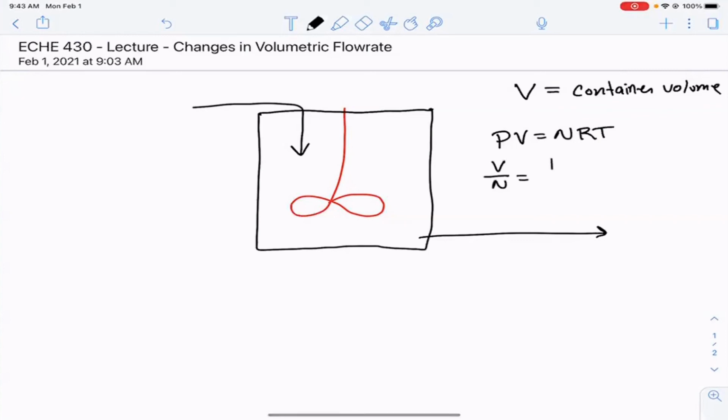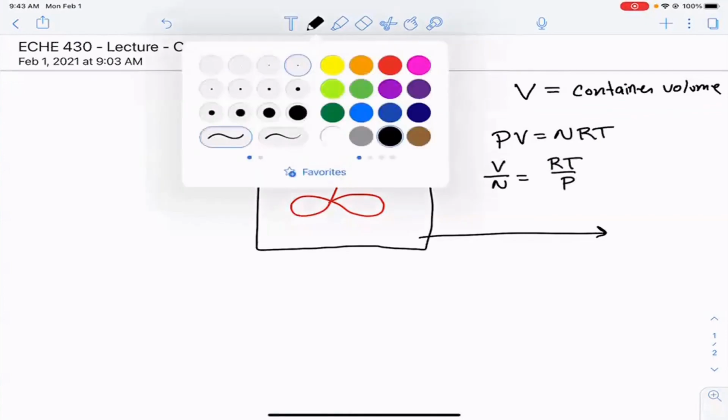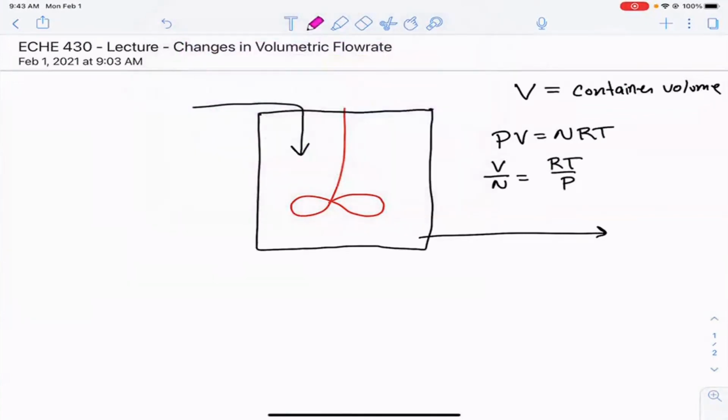And that's just equal to RT over P. So if we look at the variables then that influence the density inside of a rigid container, there are only 3 that we have control over, right? Well, maybe 2 that we have control over. We have temperature and pressure, and one that is going to be a function of the reaction that we're looking at, and that is N.